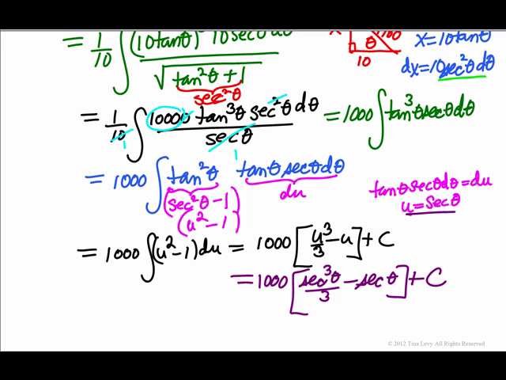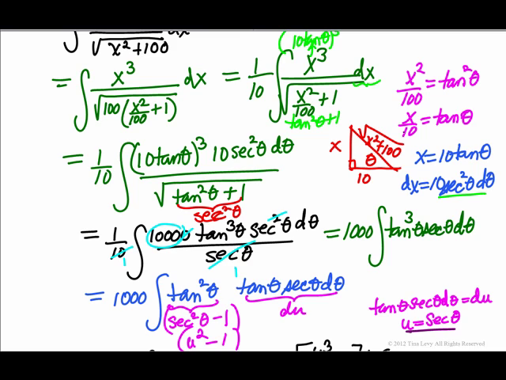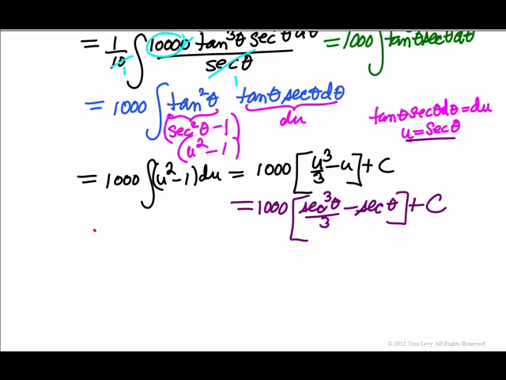To get back to x, I have to go to that triangle. And the triangle came from the fact that x over 10 was tangent theta. So we're going to go back with a triangle. So I know x over 10 is tangent theta, which gives me a triangle, opposite over adjacent, and there we have square root of x squared plus 100.